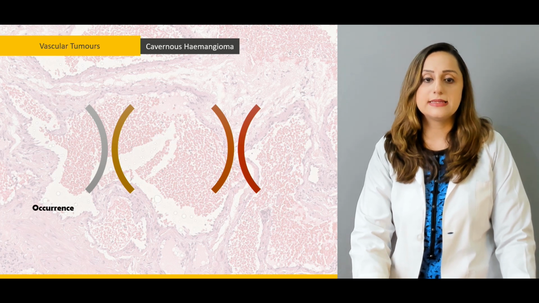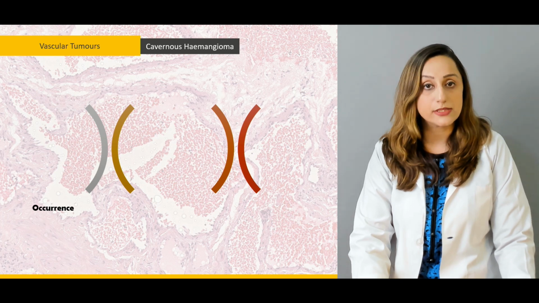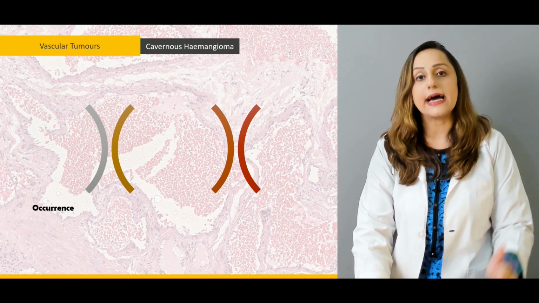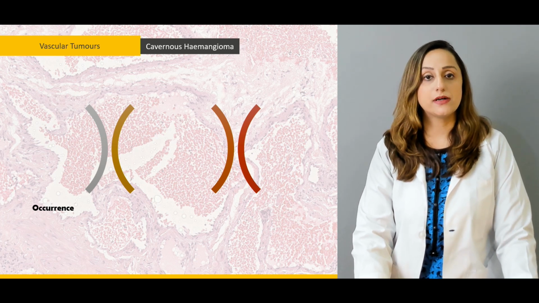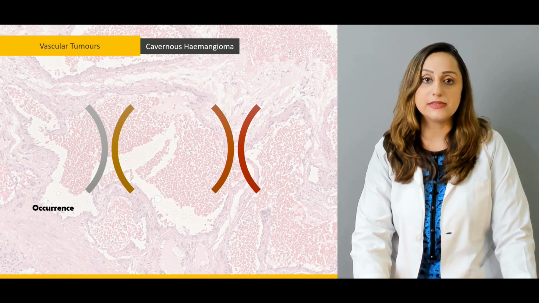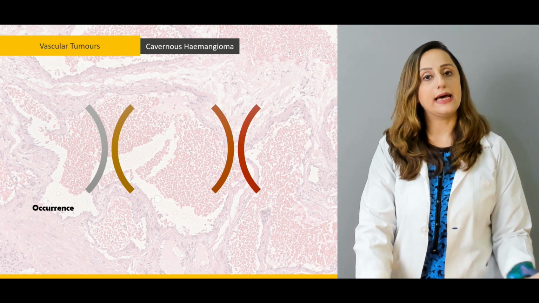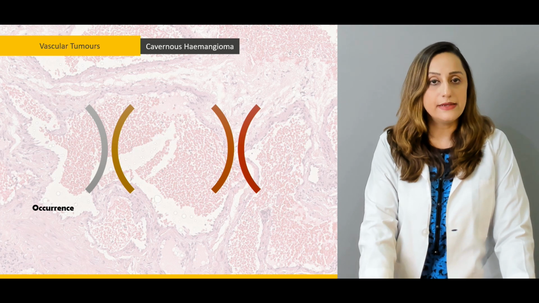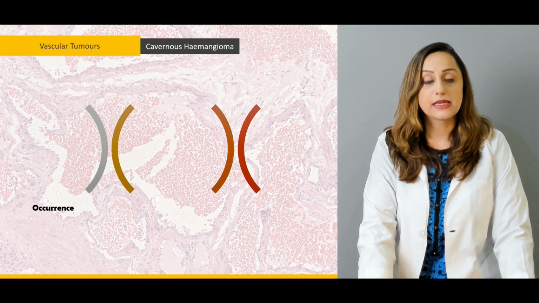Now, as well as the cavernous hemangiomas, on the other hand, we've already mentioned the fact that if it is the cavernous sinuses that are involved, we have a certain kind of communication between the orbital cavity and the cavernous sinuses. The infections as well as the tumorous conditions can spread quite easily from the orbital cavity towards the cavernous sinuses.